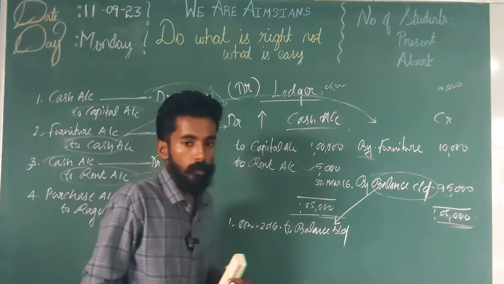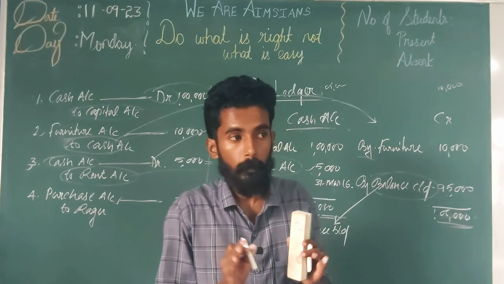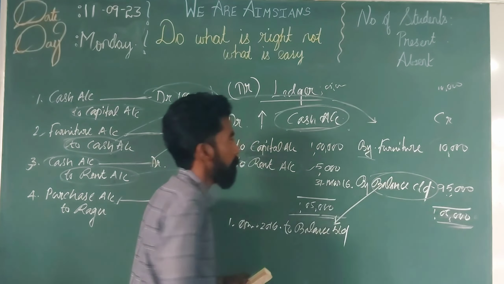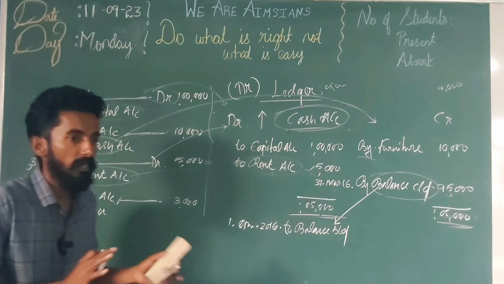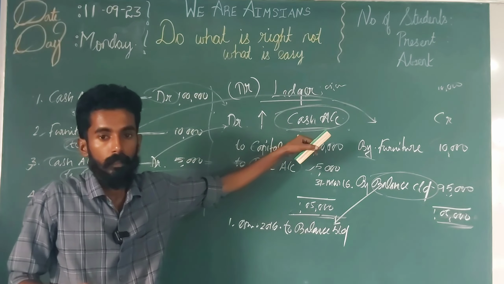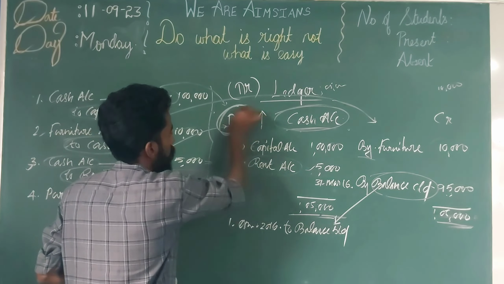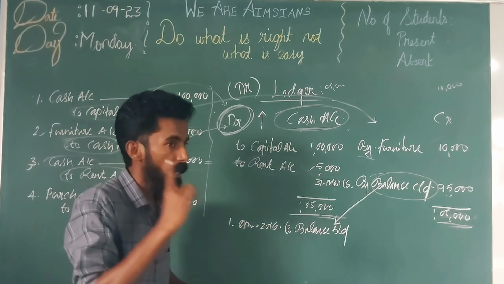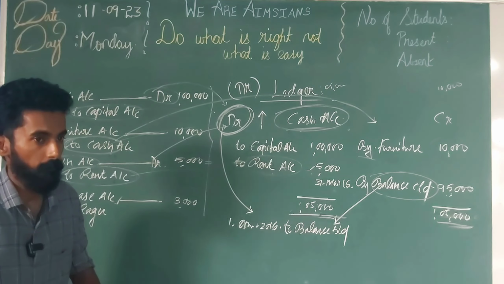And one more thing you have to keep in your mind: suppose an account shows a debit balance. We have already discussed the cash account. Which category does it come in? Asset, liability, income, expense, what? Very good. Cash is our asset. Real account shows which balance? Debit balance. So if an account shows a debit balance, balance brought down should always be on the debit side only.